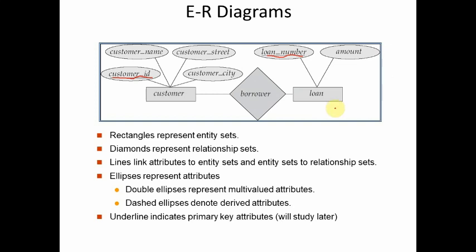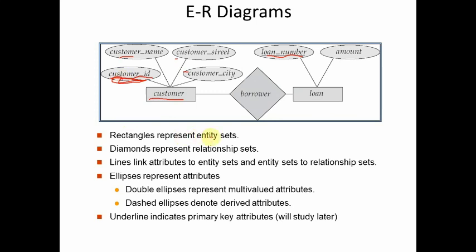So if you give a database developer or a system developer this kind of diagram to develop a database, he'll be able to figure out that I need to create a table called customer, and these will be the attributes that we find in this particular table. However, one of them, that is the customer ID, will be the primary key. It has already been identified by this underline.